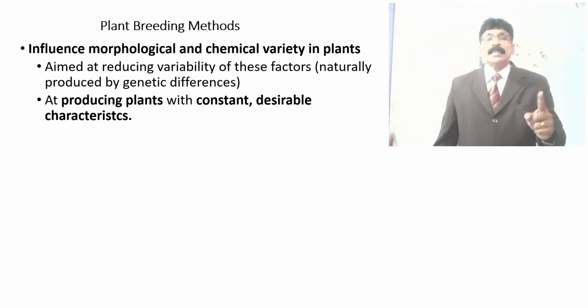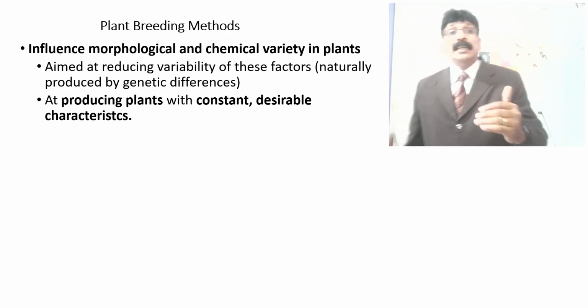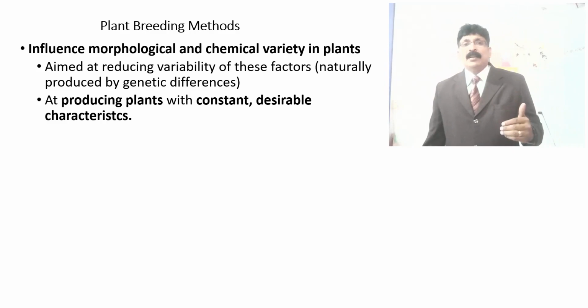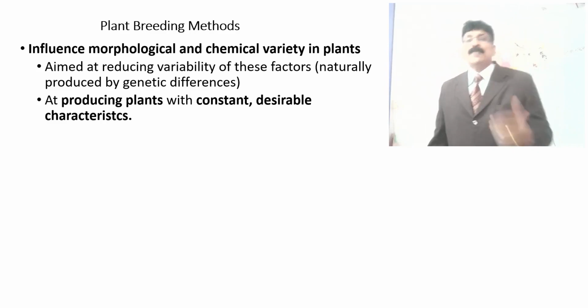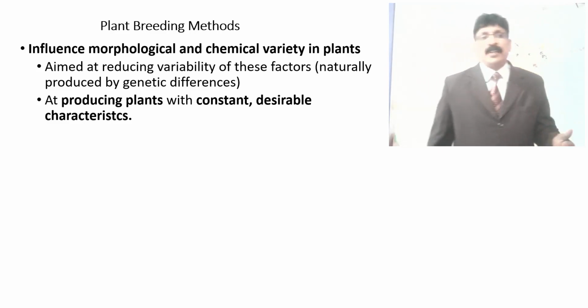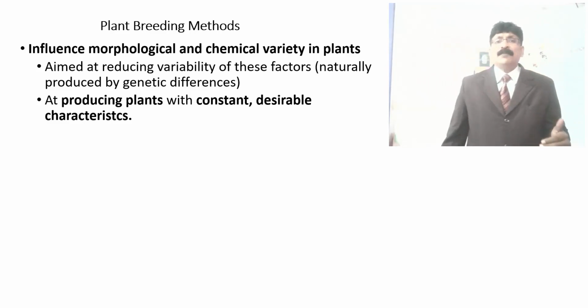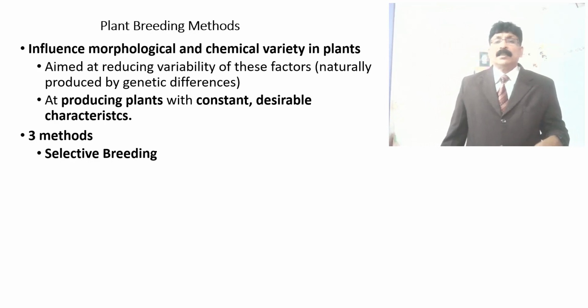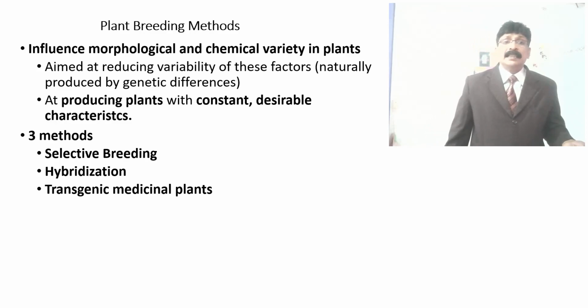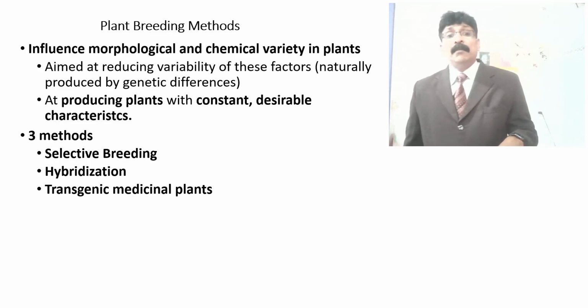Plant breeding methods influence morphological and chemical variety in plants, aimed at reducing variability of these factors naturally produced by genetic differences, producing plants with constant desirable characters. Three methods: selective breeding, hybridization, transgenic medicinal plants. These are all short questions the student should know.